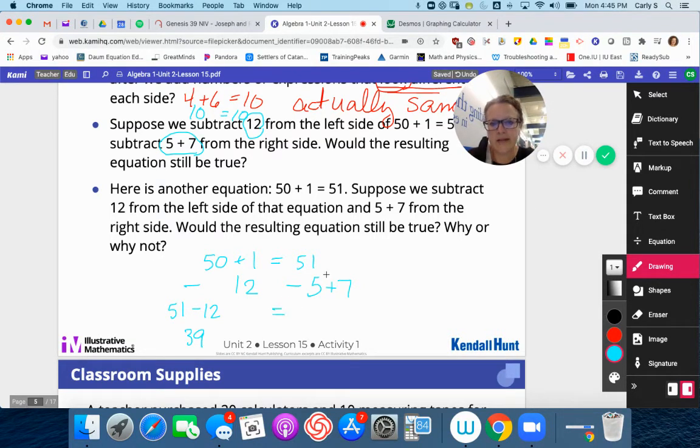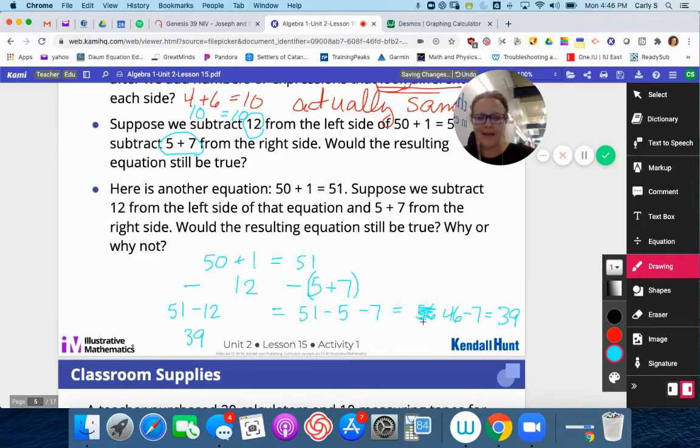And on the right side, we get 51 minus 5, which is 46, minus 7, which is 39. So we got 39 on both the left side and the right side.